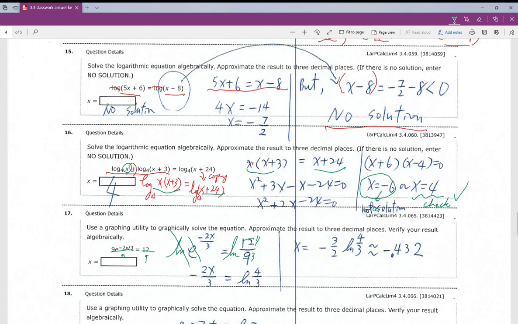So that's how I have the whole thing here. And then multiply negative 3 over 2. I multiply with the reciprocal on both sides. So I have x equals these two multiplied. You can use a calculator to find your answer.